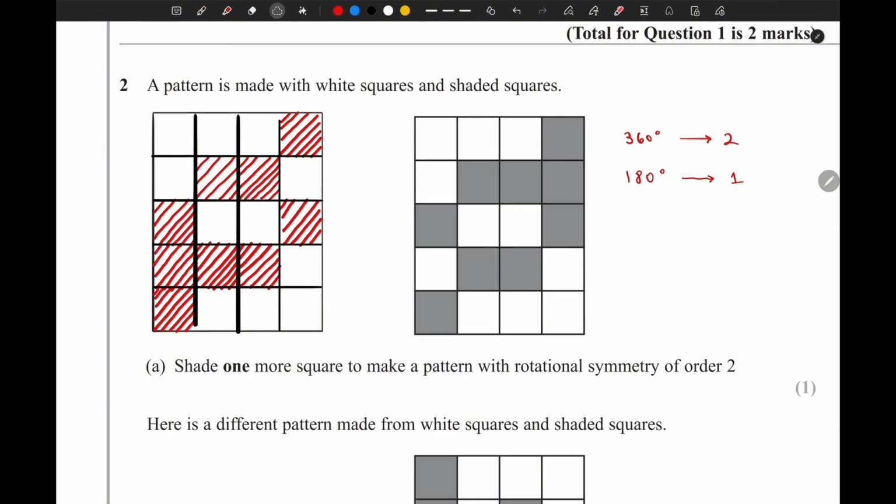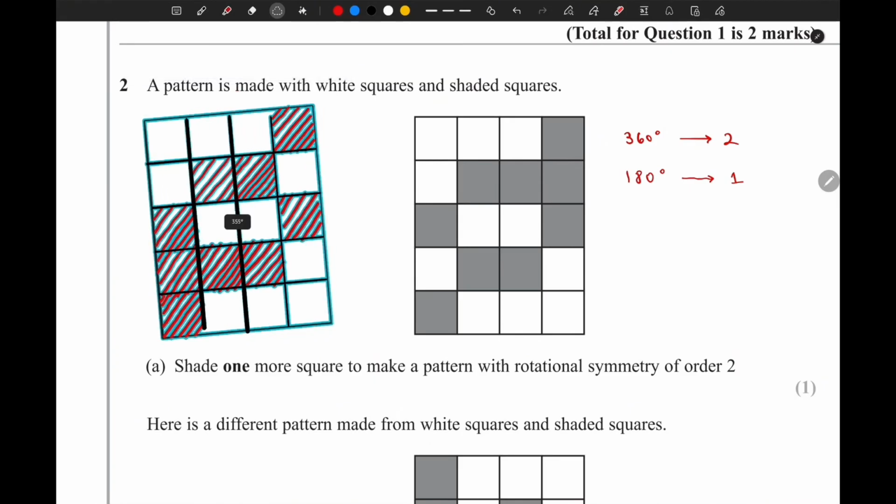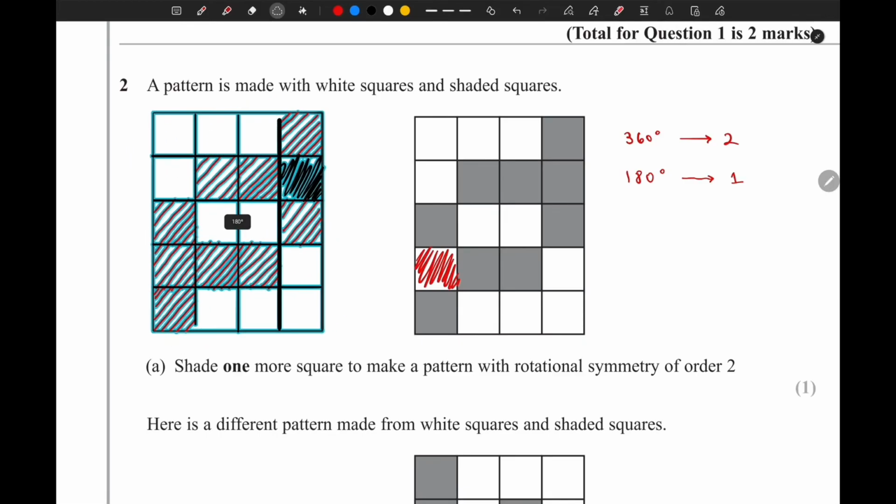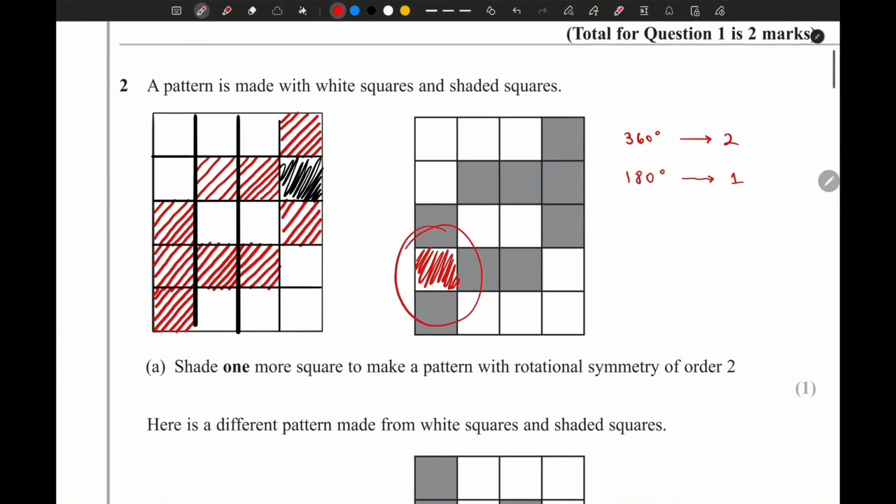Now if we rotate this back to its original form, which is this form, if we shade this square, which is the equivalent of this square, and then rotate this by 180 degrees, we get the same pattern once. So this is the answer.